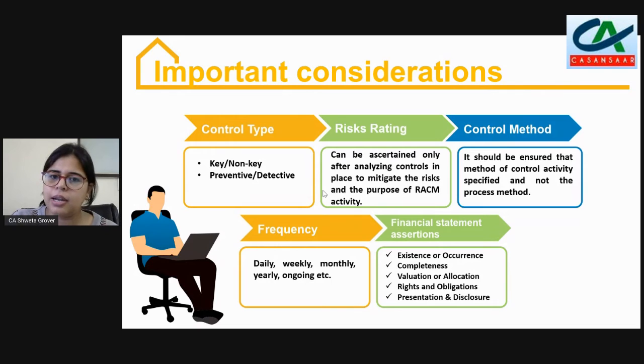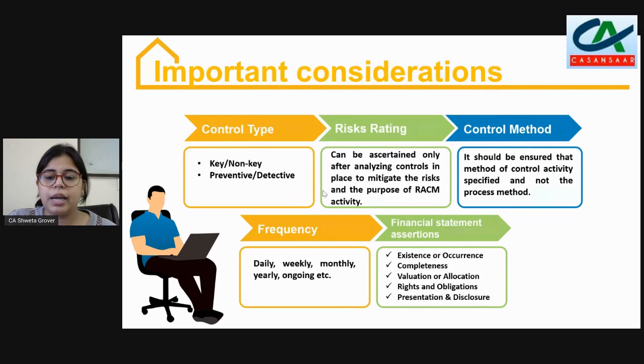Completeness is, again, whether the transactions which have happened have actually been recorded in the books of accounts completely. Then valuation and allocation: all assets, equities, liabilities have been recorded and valued properly. Your inventory has been valued properly. Rights and obligations, this is very important.